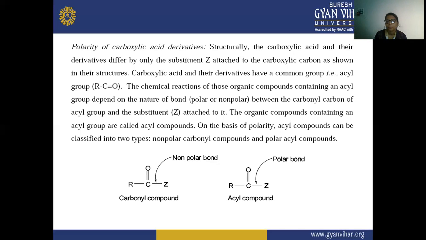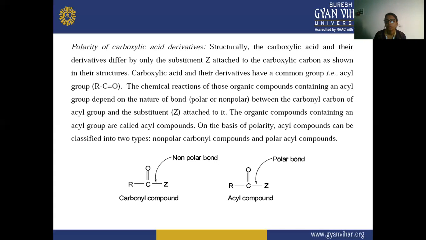The organic compounds which contain this acyl group, which is RCO, are called acyl compounds. On the basis of polarity, acyl compounds can be classified into two types.